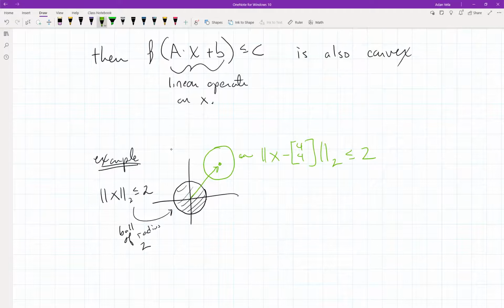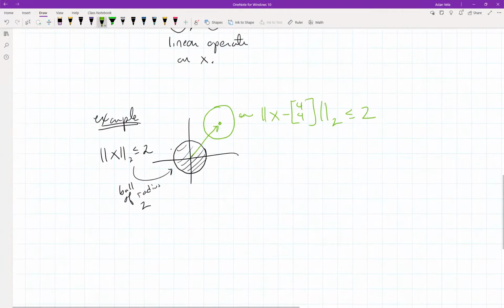And again, you'll notice it didn't change the shape of the circle, just moved it. Now, if we were to multiply x times a, then we would definitely change the shape, but it would actually still preserve convexity. So that's a nice little thing to learn, that if we ever have a convex function, then we preserve convexity if we pass it through a linear operator.